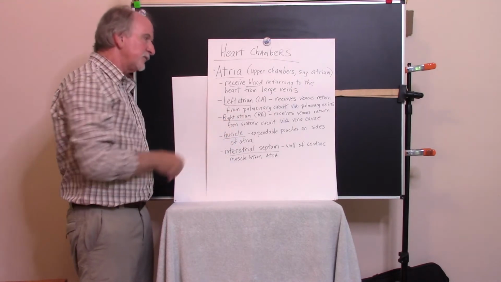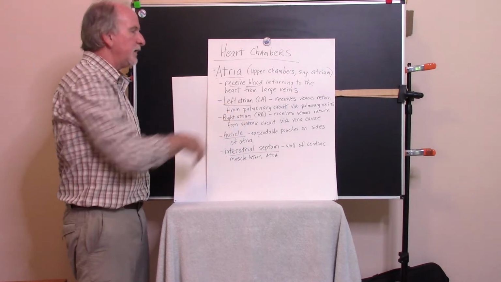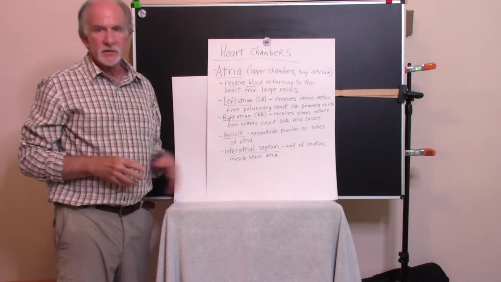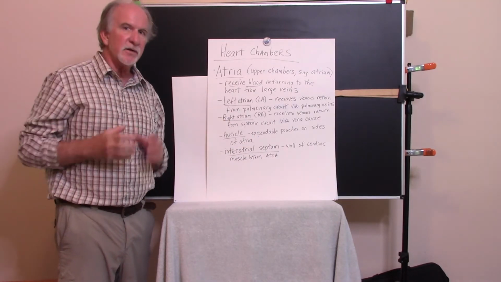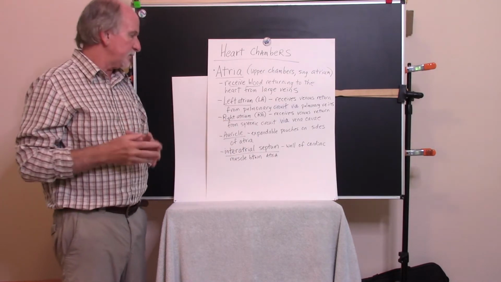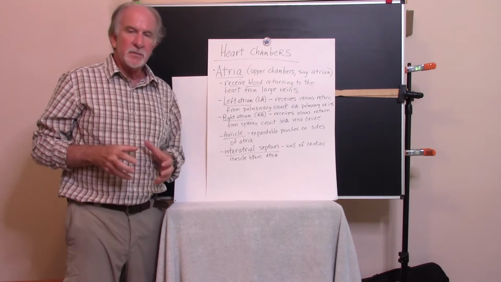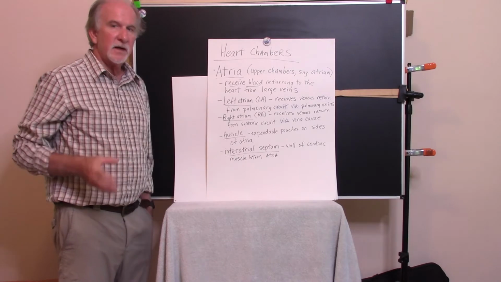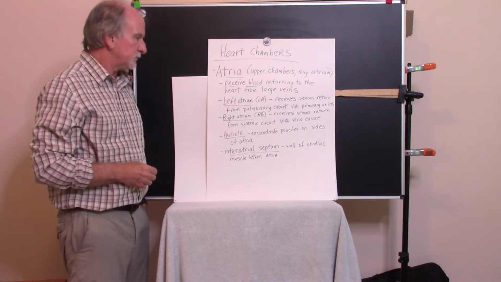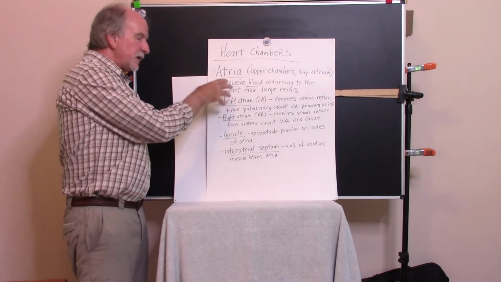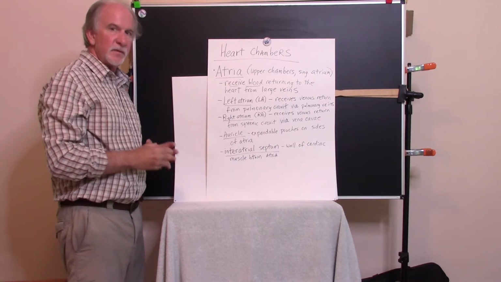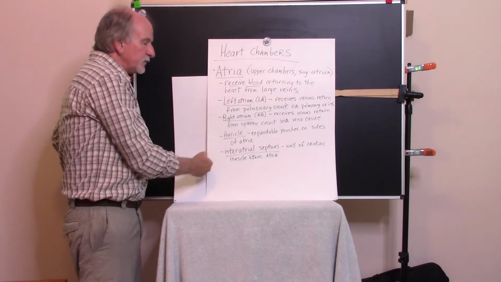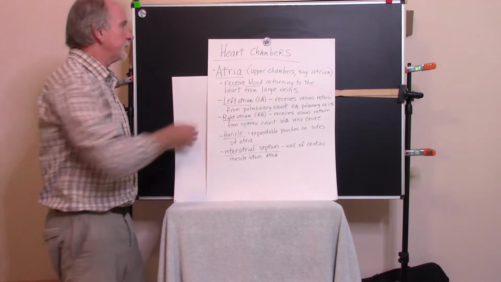And the right atrium, which I'll abbreviate RA, receives venous return from the systemic circuit via the superior and inferior vena cava. There are expandable pouches on the sides of the atria, known as auricles. There is a wall of cardiac muscle between the right and the left atria, known as the interatrial septum.